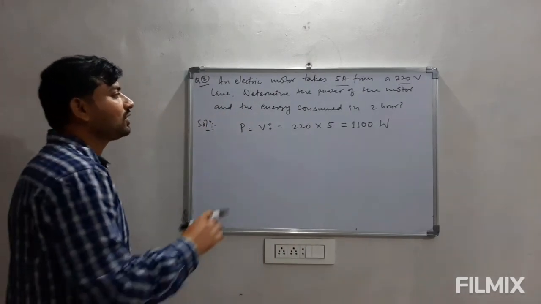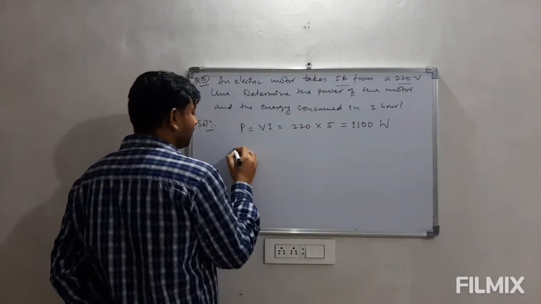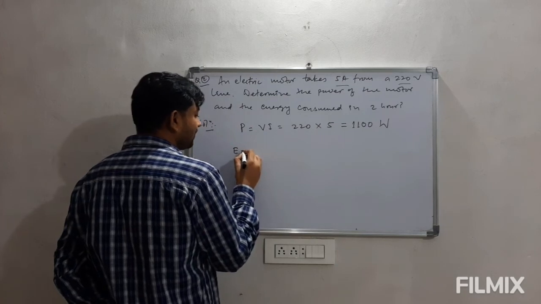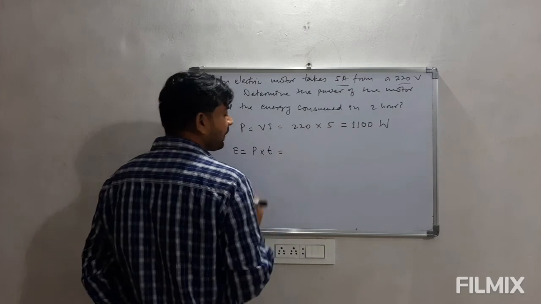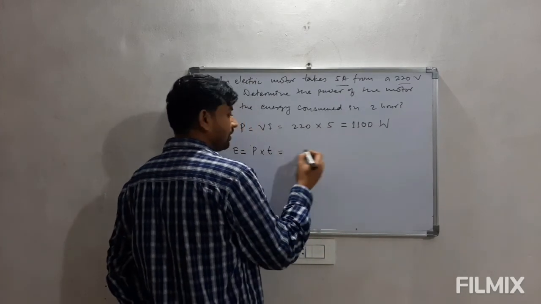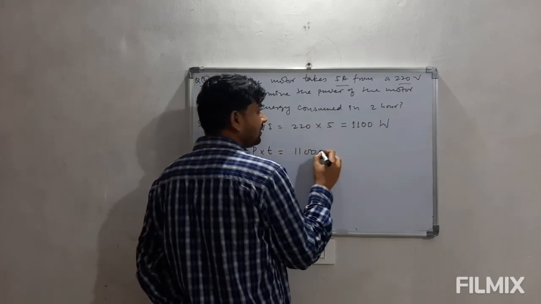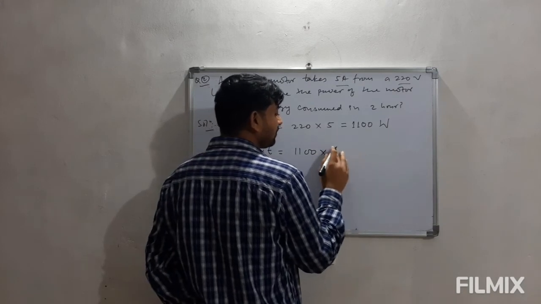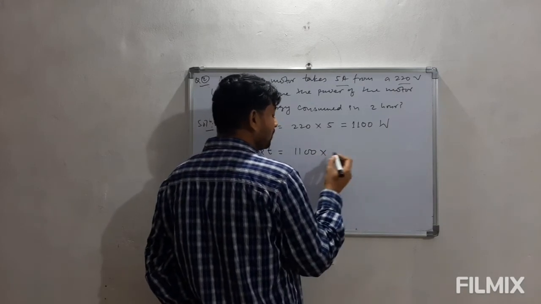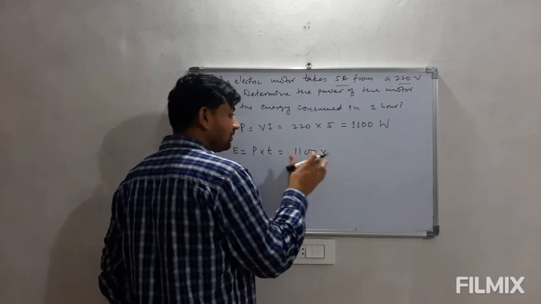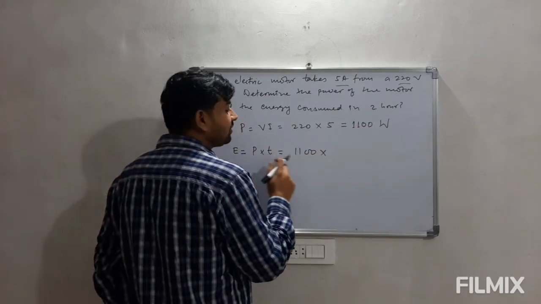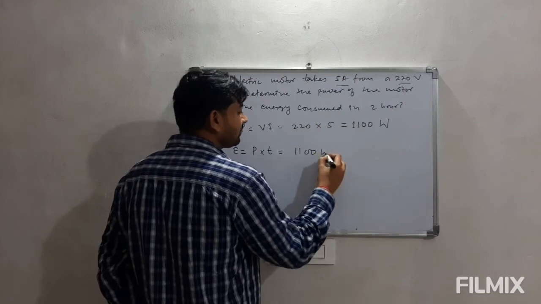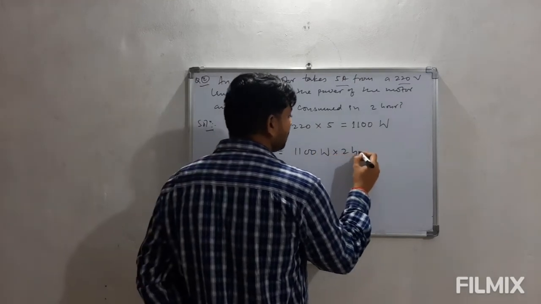Now again we have to calculate the energy consumed here. Energy consumed is nothing but power into time, which is 1100 multiplied by 2 hours. If this is given in watt and this in hours, we can write it as watt into 2 hours.